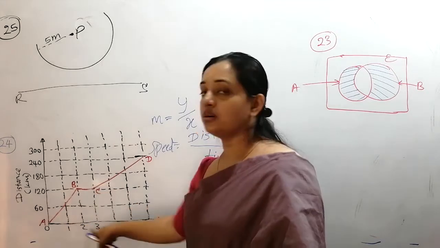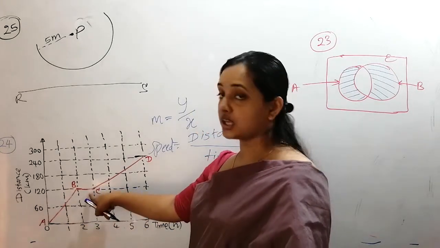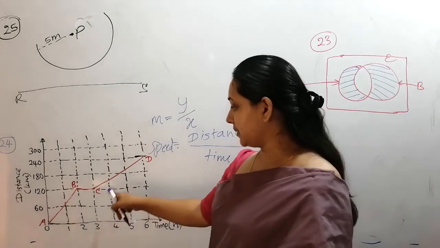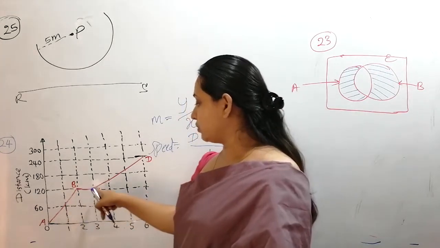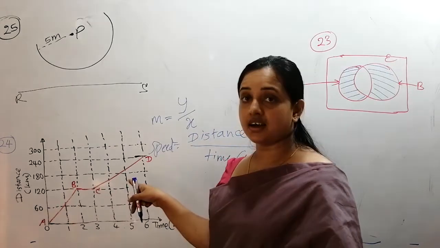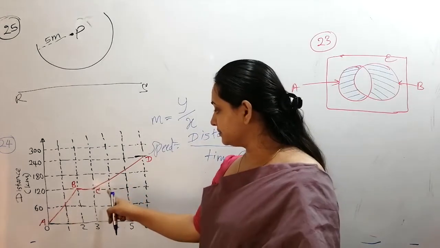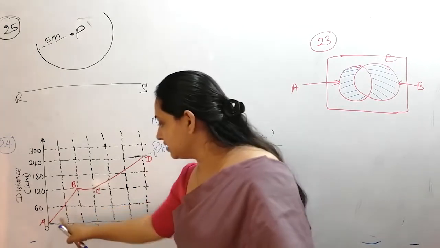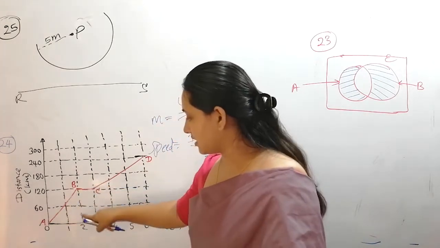BC is parallel to the x-axis. That means the gradient is 0 and the speed is 0. We have to compare the AB part and the CD part to see where the motor car has the highest speed. Look at here 3 squares and here 2 squares, and here 2 squares, here 2 squares.